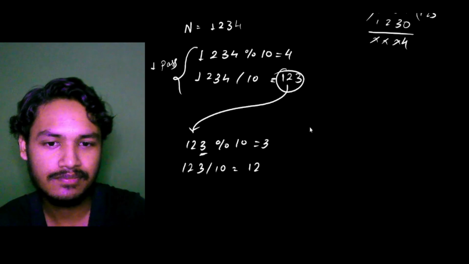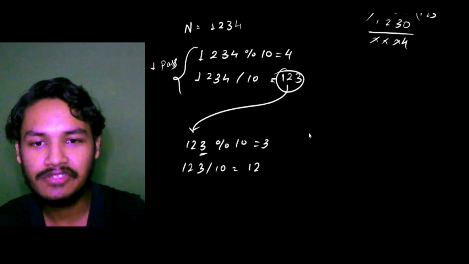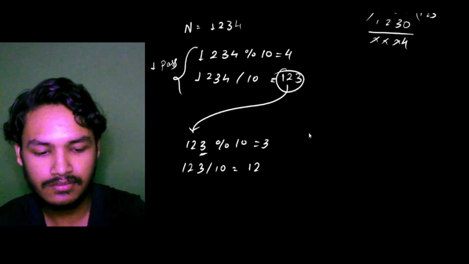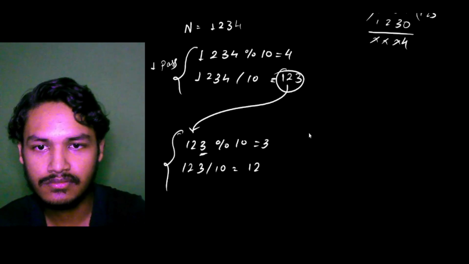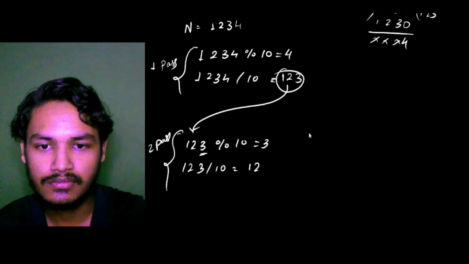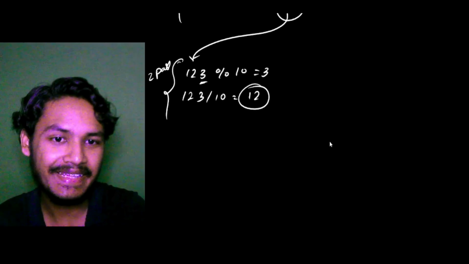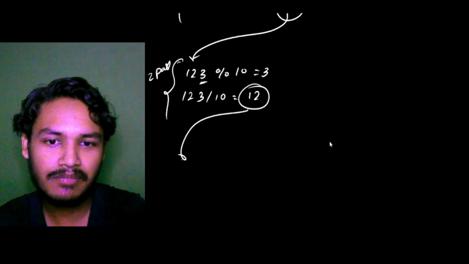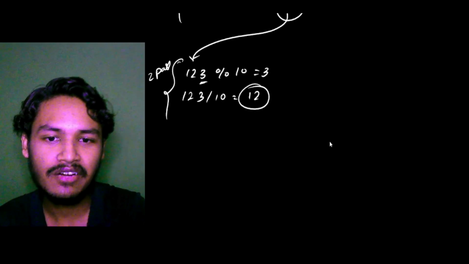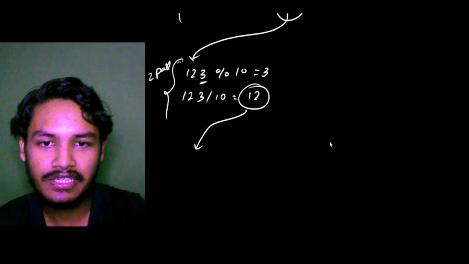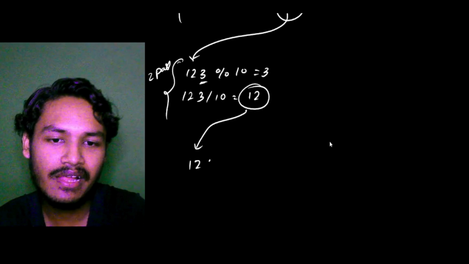All right, this is our second pass. After the second pass, this is our result, and again we can pass this number as our next input, and the next input will be 12.